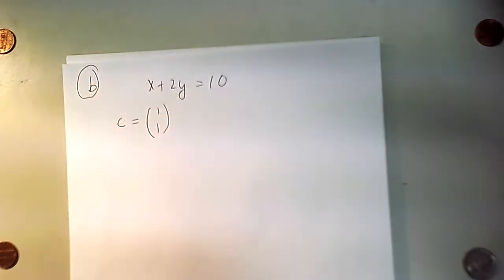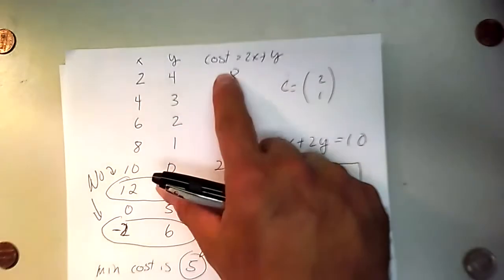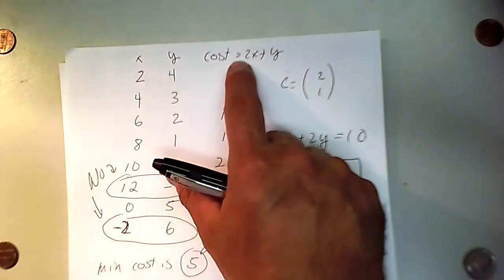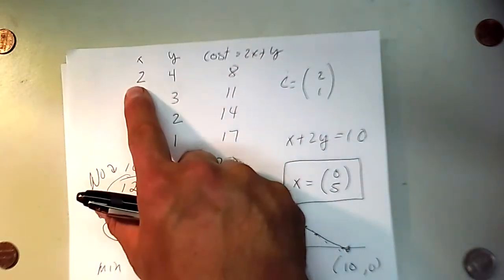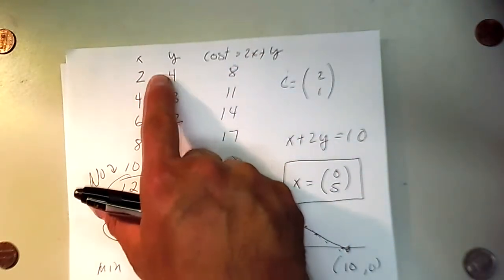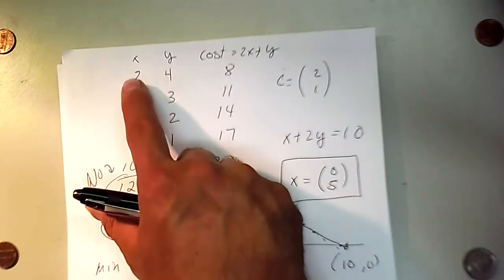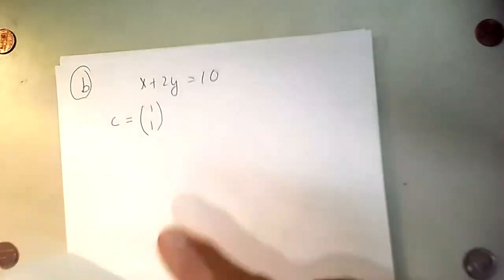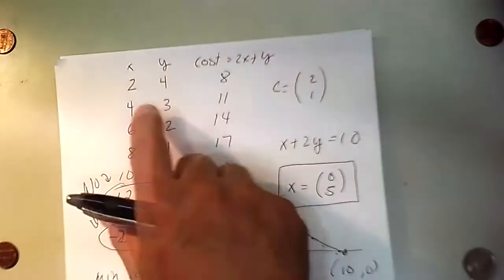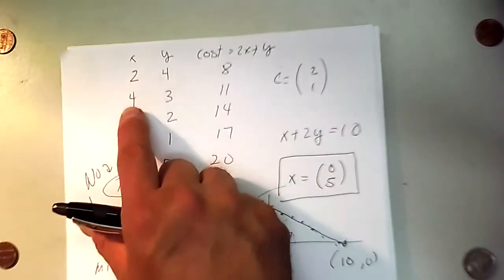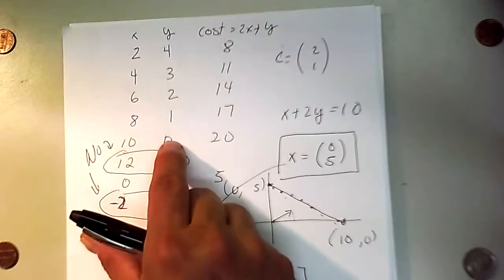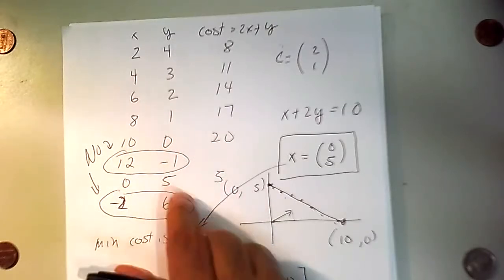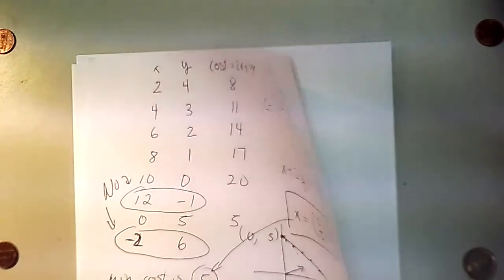Okay, we can say the cost formula will be different. Instead of $2 for each x and $1 for each y, we would have 1 and 1. So the cost in B would be 10, 5.